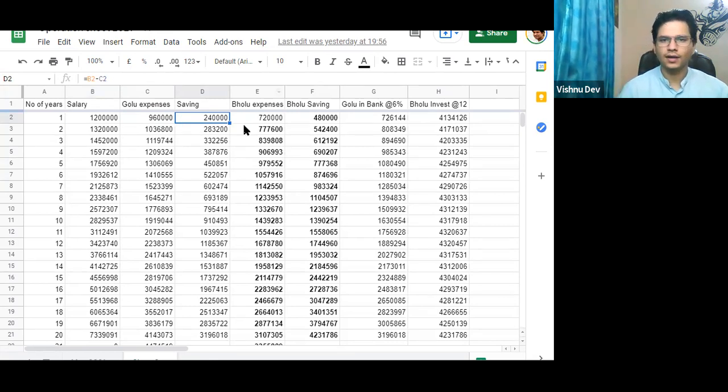If he's saving 2,40,000, he will not require this money for 20 years. Golu is getting 12 lakh salary per year.